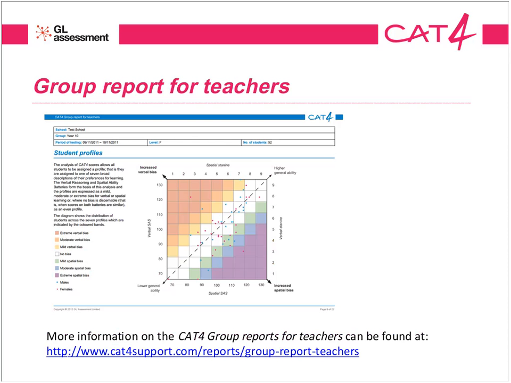Okay, probably not so visible if it's anything like the one I've got in front of me, but that rather colourful square represents a scattergraph of how we're initially showing the individual students' bias towards that verbal or spatial. The more orange or red the children are in this plot, the more they are verbally biased, and the more they tend towards the green, blue and purple, the more spatially.